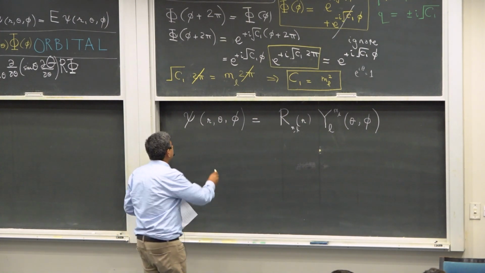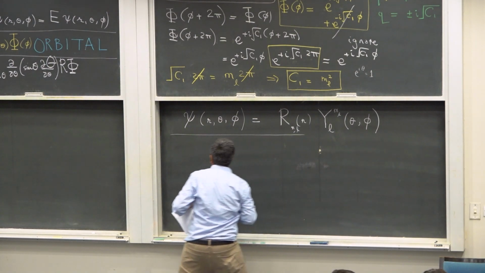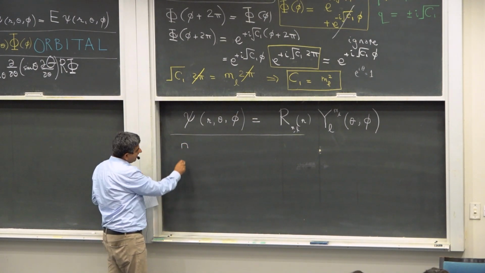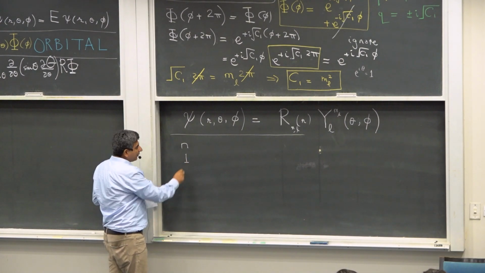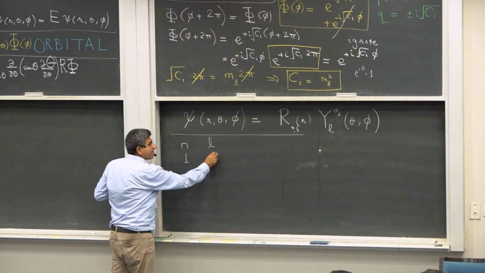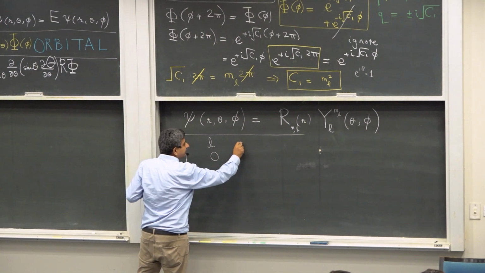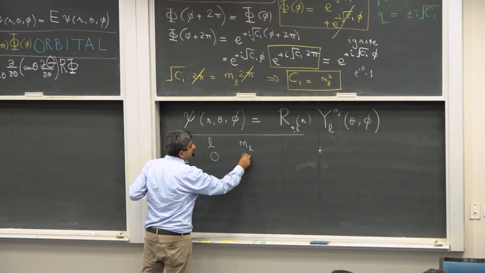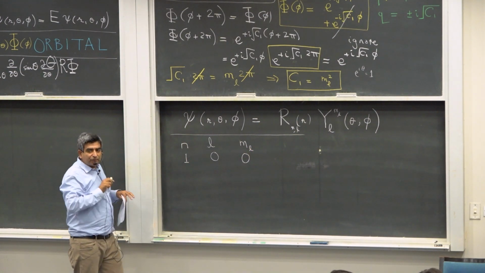Now let's first of all make a table. N, the minimum value of N is 1. When N is 1, my L can be only 0. When L is 0, my ML can also be 0. That's it.